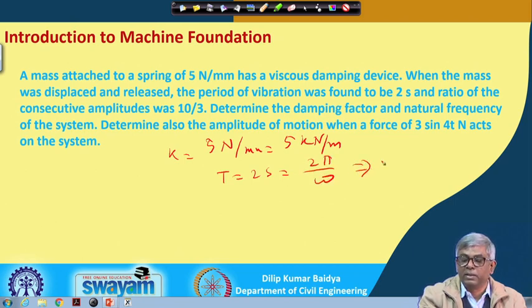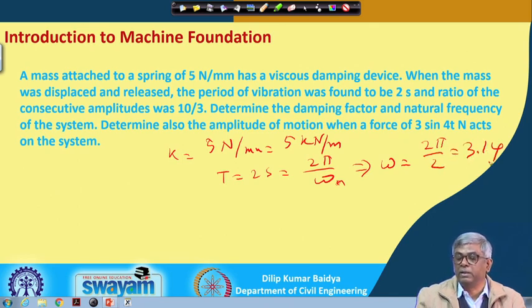So, from here we get omega equal to 2 pi by 2. So, that means omega, the natural frequency omega n, becomes 3.14, and then the ratio of the consecutive amplitude was 10 by 3.